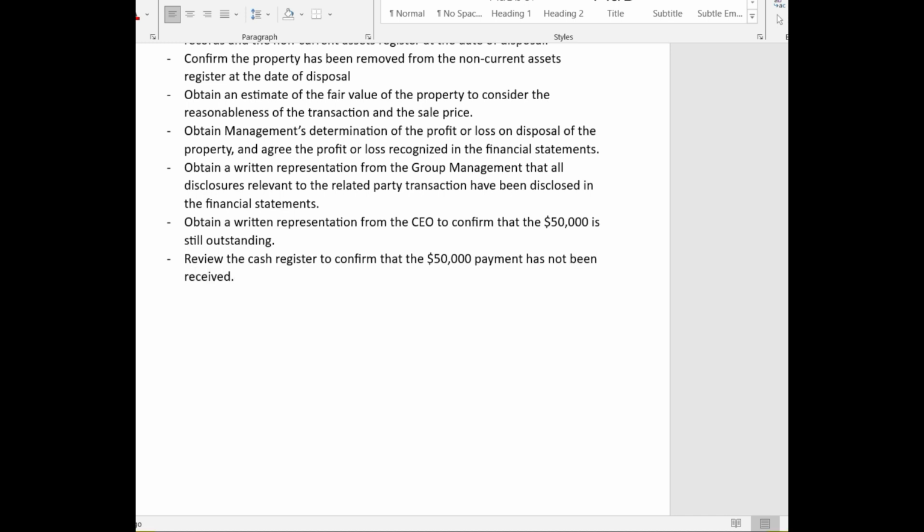See, we are verifying from so many points. We are taking a written representation from the group CEO that yes, this is still outstanding. We are reviewing the cash register to see this is still outstanding. We are reviewing the financial statements to see it is still included in the outstanding or receivables in the current assets portion or not. So we are working on the same transaction or the same figure, and we are trying to examine it from so many points, so many areas.